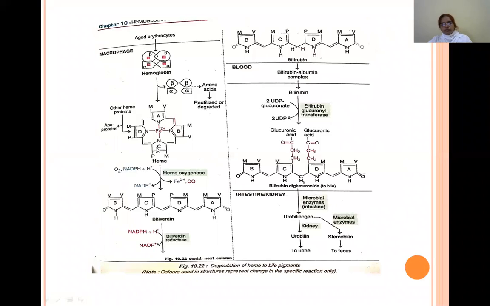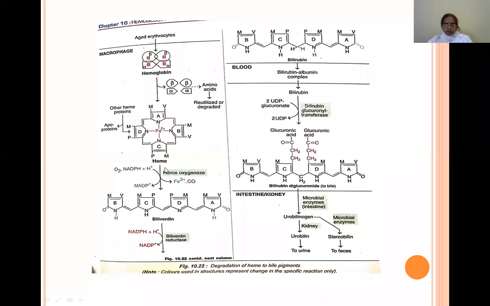Now see the formation of biliverdin by heme oxygenase. This utilizes oxygen and NADPH. It cleaves the methylene bridge between the A and B pyrrole rings.